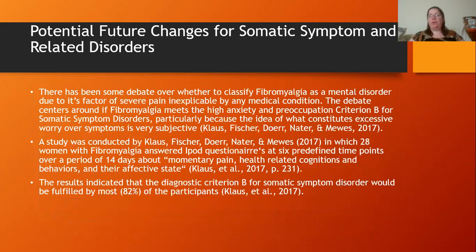As I mentioned earlier on in my presentation, fibromyalgia is currently considered a functional somatic condition. And the debate centers around if fibromyalgia meets the high anxiety and preoccupation criterion B for somatic symptom disorders. This is particularly because the idea of what constitutes excessive worry over symptoms is very subjective.